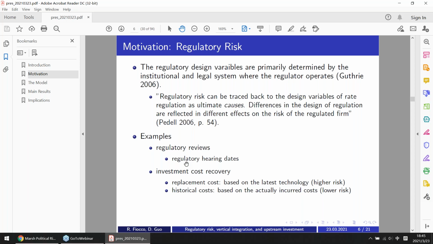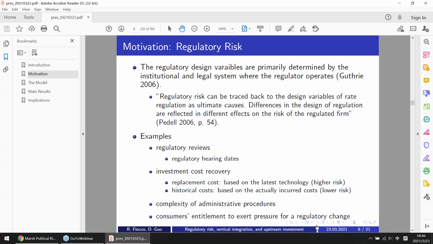I don't know about other countries, but in the UK water industry, the regulatory policy cycle is 8 years. But after every 4 years, they have these regulatory hearing days. Because the consumers complain too much, after these hearing days the regulator changes the regulatory policy.